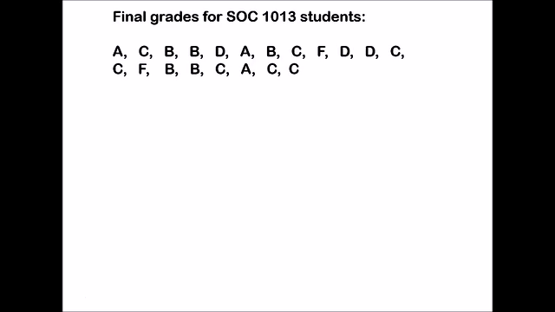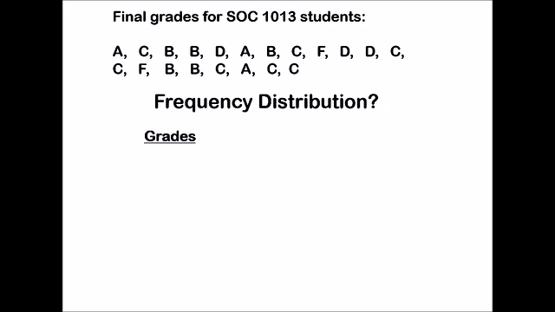We have here a set of grades for my Sociology 1013 students last semester. Obviously, they're letter grades. How would we make a frequency distribution for this particular set of data? First, we would determine and list the various grades, the attributes for the variable.